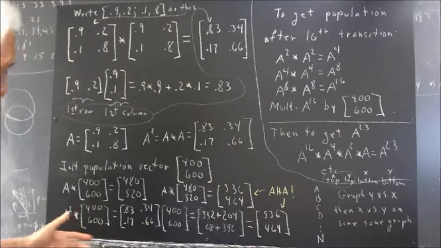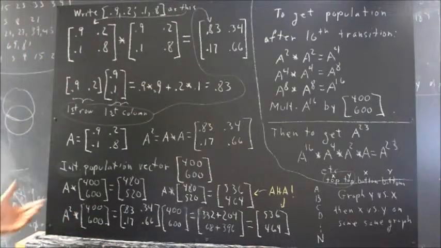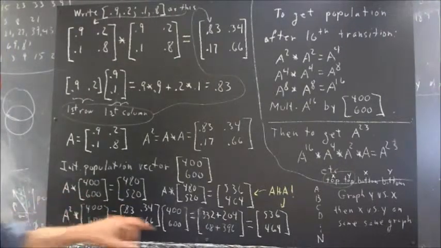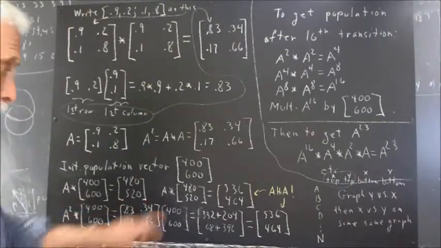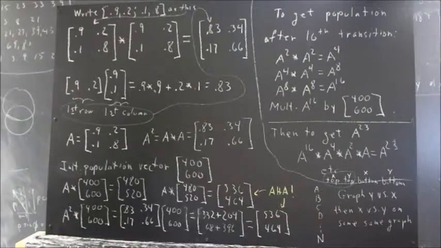Now, if we multiply this column vector by A squared, it ought to come out the same as what we had here. Let's check that out. Because A squared is A times A, and what we've done, starting with 400, 600, we've multiplied it by A, then we multiplied by A again. So we've multiplied by A squared.